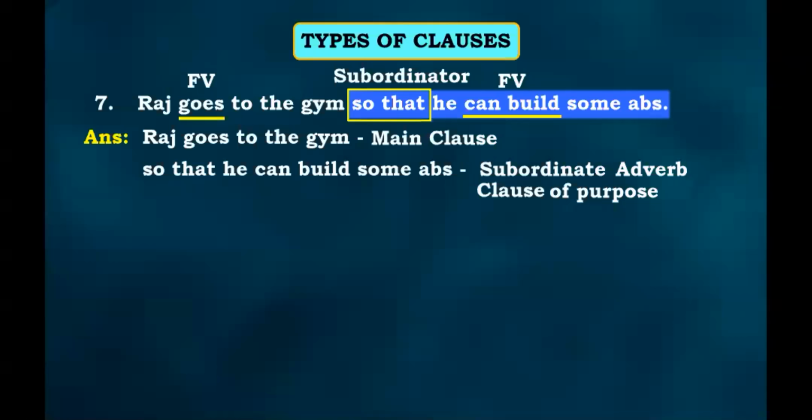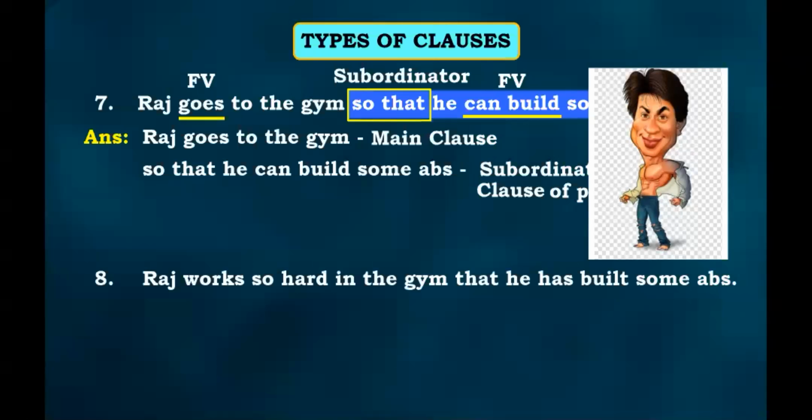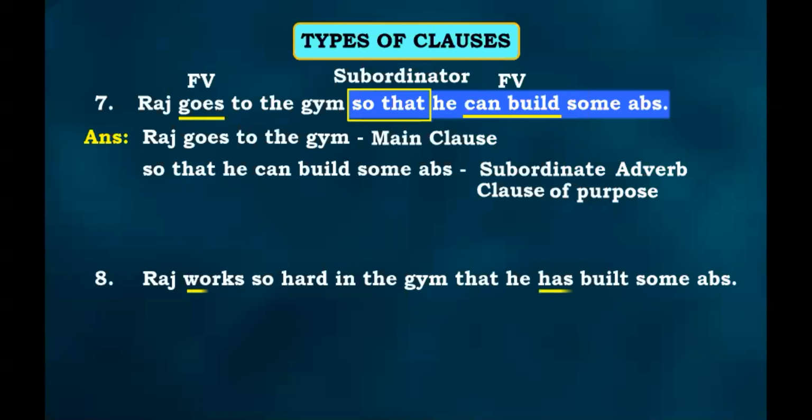Now moving on. Raj works so hard in the gym that he has built some abs. Okay, वो गया था abs build करने, अभी उसे बहुत मेहनत की, बहुत मेहनत की, and finally उसके abs बन गए. हाँ. Okay, so the two finite verbs are works and has built.